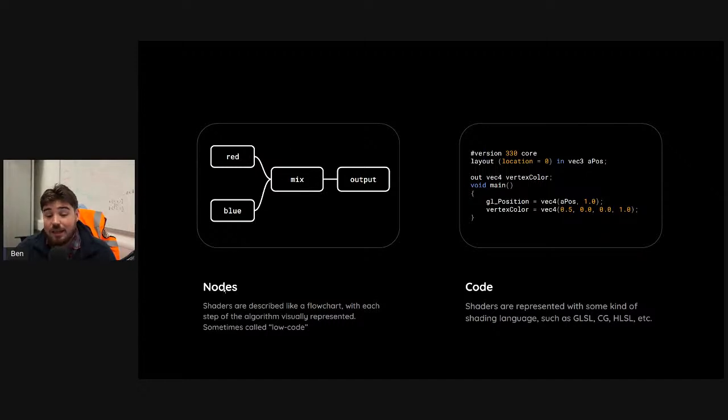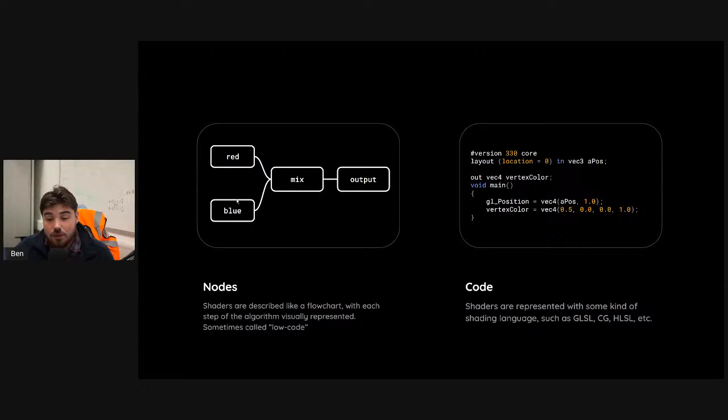Another way is to use nodes. So instead of typing in text, we can use a process very similar to a flowchart. Here we've got red and we've got blue, and we can put these into a node called mix. Mix will just mix the two colors together, and then we can set the output pixel, the output color, to that mixed value.